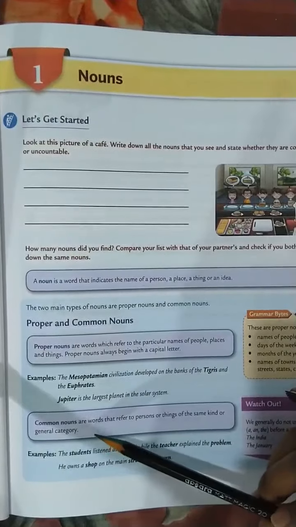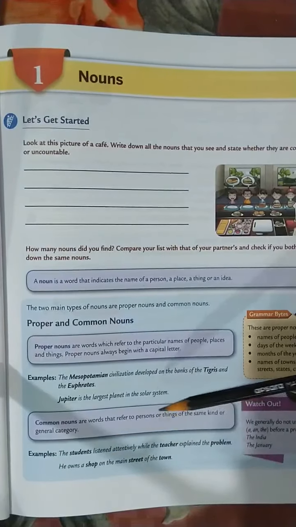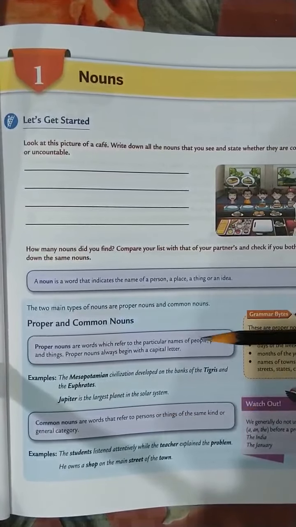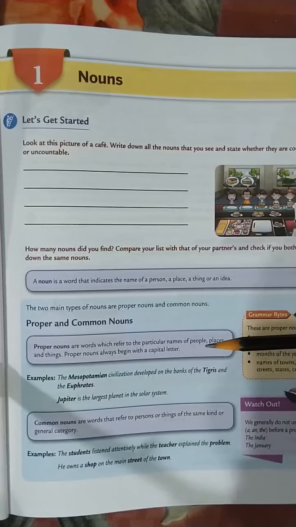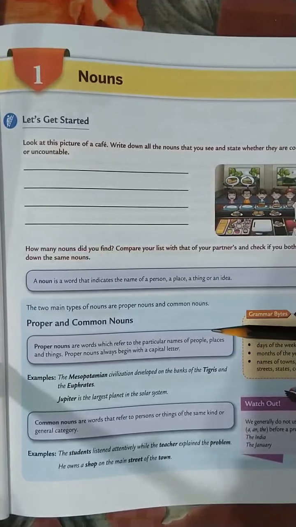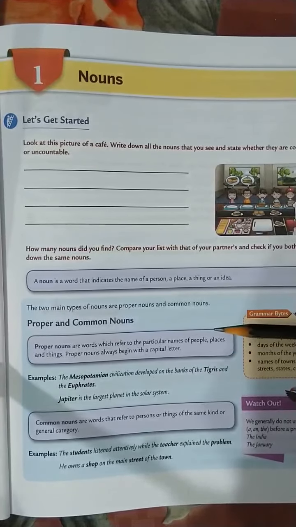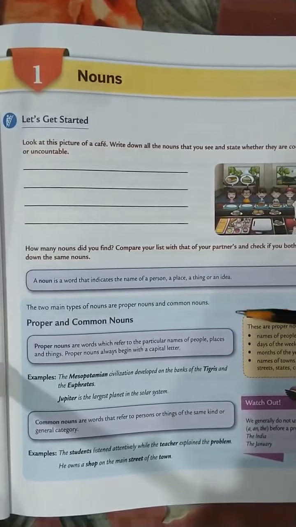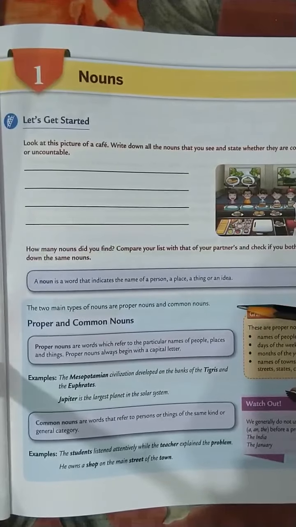Common nouns are the words that refer to persons or things of the same kind or general category. It is not specific. It is of a general category, meaning it is not any specific category. It is of a general thing or of the same kind.